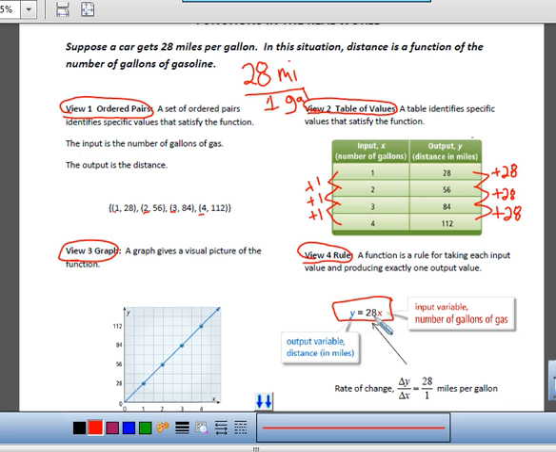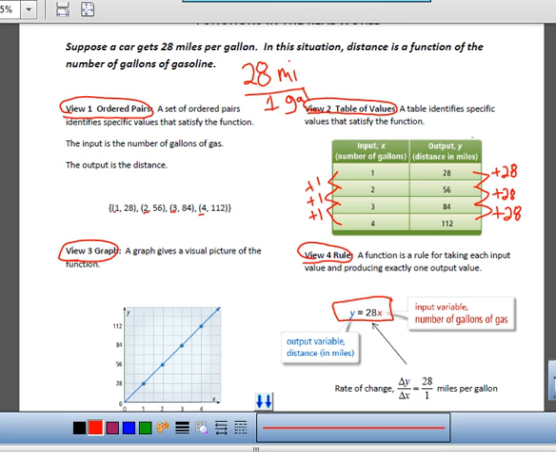That goes in front of x. So when we do some practice, you're going to see we're going to be coming up with equations from this information. So it's very important that you are able to come up with the constant rate of change, because that number is used in our rule or our equation.